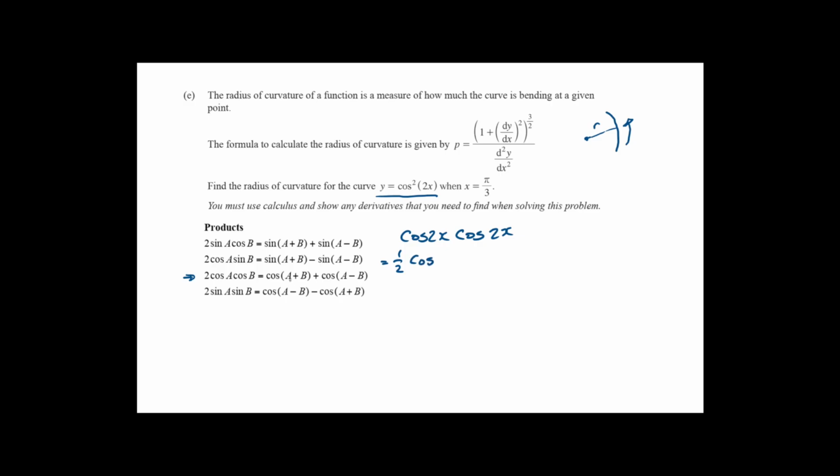Cos A cos B is a half of cos of (A plus B), so 2x plus 2x is 4x, in square brackets, plus cos of (2x minus 2x), which is 0. Now, cos of 0 is 1. So this simplifies much, much better to half cos of 4x plus half. And our life just got a lot easier.